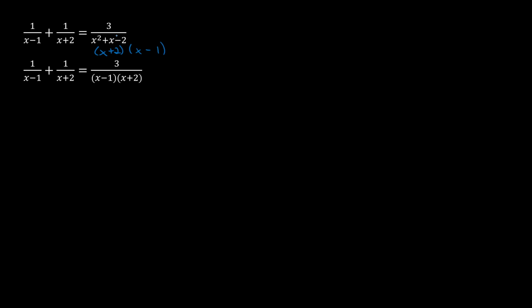So I can factor, and then from here, I need to find the least common denominator. So I have x minus 1s, and I have x plus 2s. And the question is, how many of each do we take? Well, this one only has 1 x minus 1, this one has 1, so we just take 1 x minus 1, and then we take just 1 x plus 2, because that's the most that any of them have.